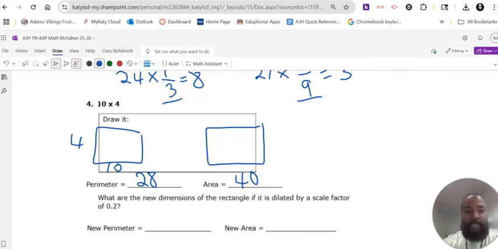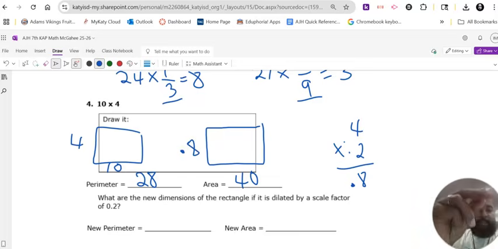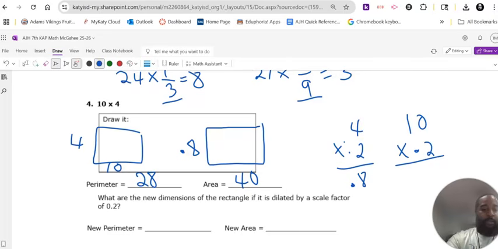So we would know that 4 times 0.2 would be 0.8. Okay, and then 10 multiplied by 0.2 would be 2. Okay, because it's 2.0.